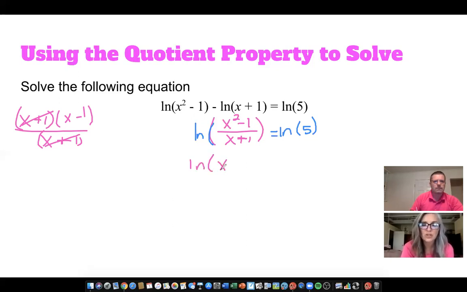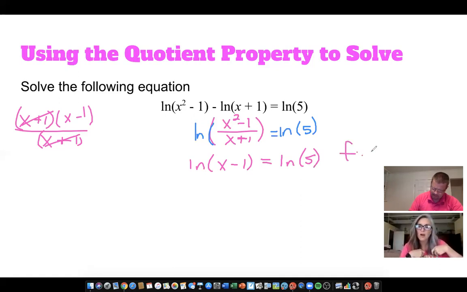So he can actually rewrite this as natural log of x minus 1 is equal to natural log of 5, which makes it super easy because I've got a log equal to a log, so I can drop the logs off the problem, and x cannot equal -1 though.